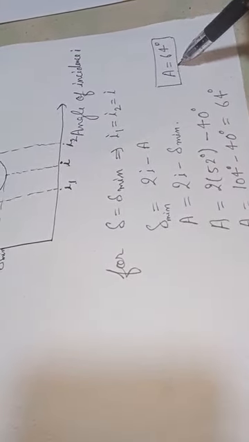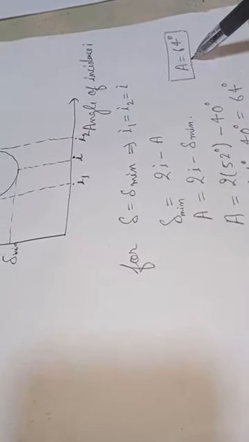That's why we are using 52 degrees in place of I. So from this we will get the angle of prism equal to 64 degrees. Now this equation will become delta equal to I1 plus I2 minus 64 degrees, because we have derived this value.